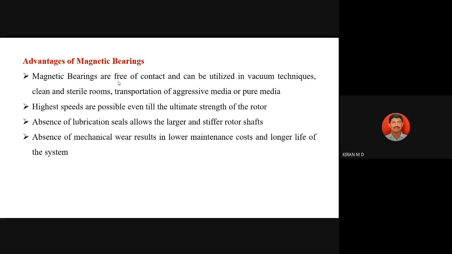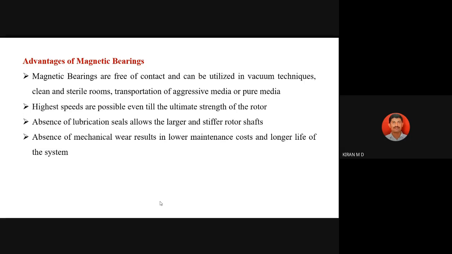Okay, absence of mechanical wear results in lower maintenance cost and longer life of the system, because there is no initial contact, or in case of any high load condition, it won't come into contact. Because if you use an anti-friction bearing also, there will be some wear and tear, even when you are using a hydrostatic or hydrodynamic bearing.